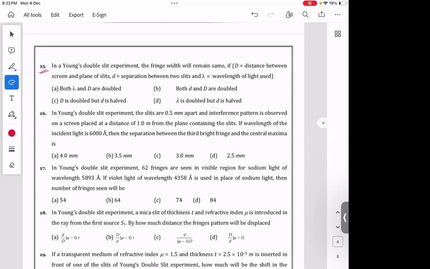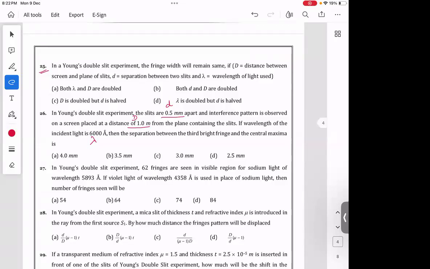Look at the 26th. Slit separation is 0.5 millimeter. Interference pattern is obtained on the screen, meaning capital D. Wavelength of light used is 6000 angstrom.